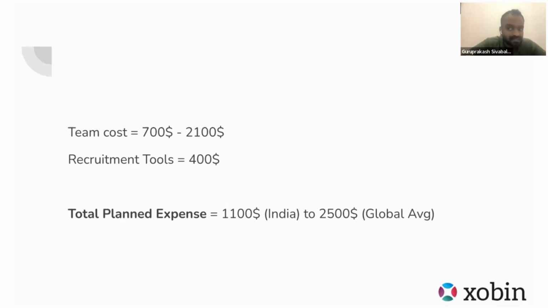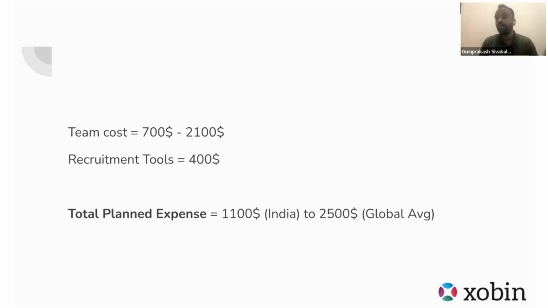Now, when we talk about recruitment, this is the process we spend to hire a candidate. To hire a candidate, this is the amount of money we spend on purchasing the tools and on involving the other internal team members.